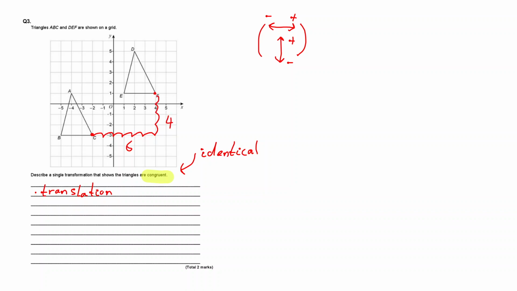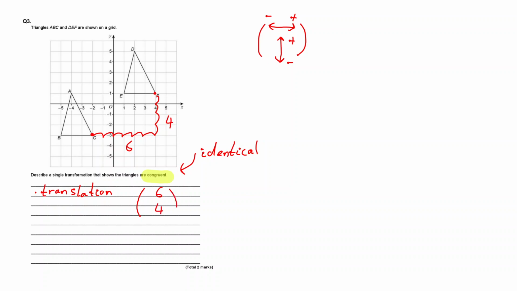Notice here, I'm going to the right, that's positive. I then go up, that's positive. You could have also gone up by 4, across by 6. It makes no difference, because you're just going to be writing it, making sure the top number is the horizontal part, 6 across, and the bottom number is the vertical part, which is up by 4.